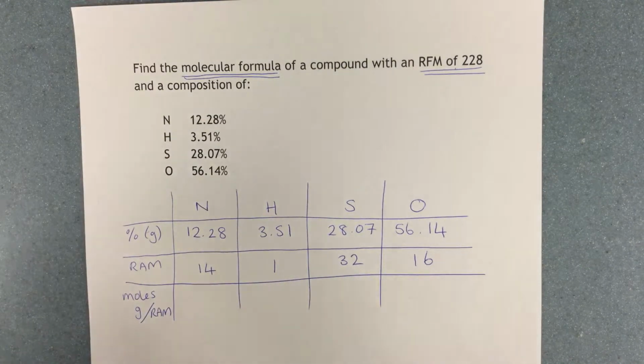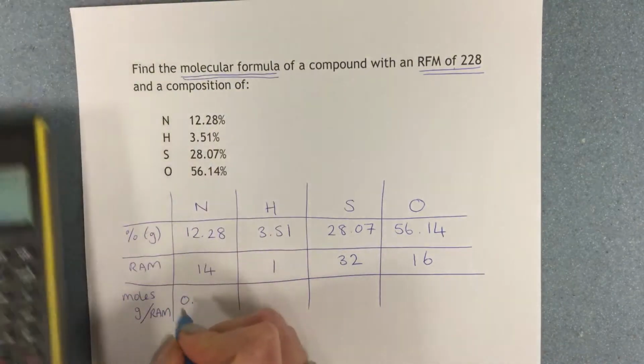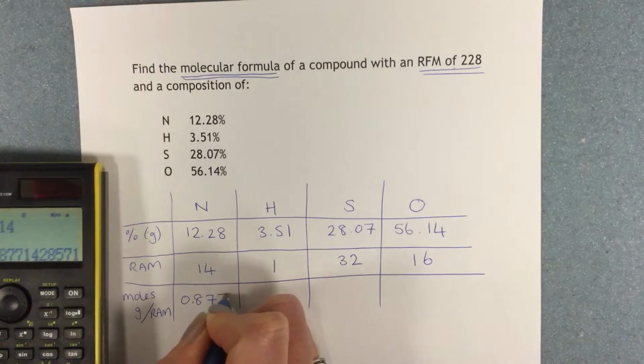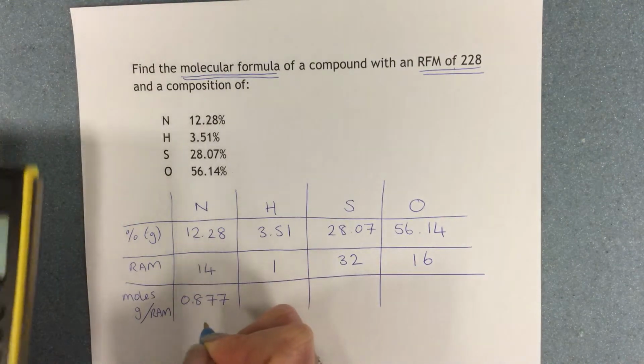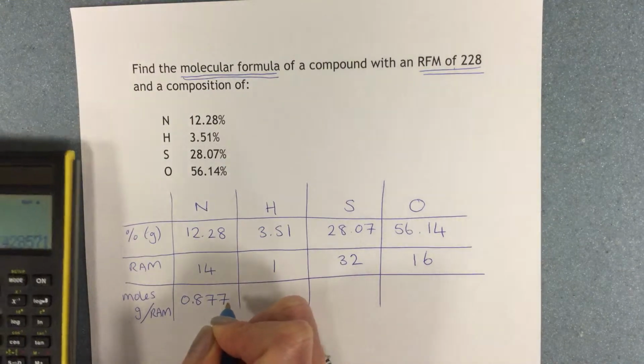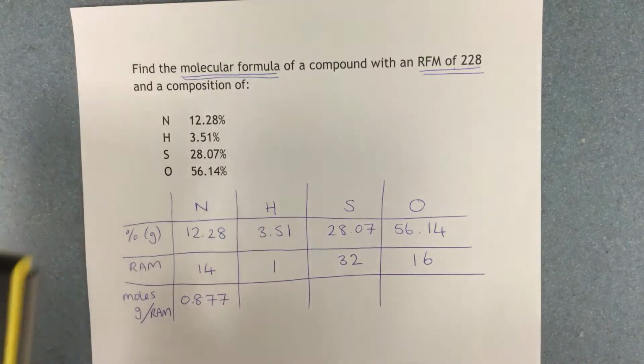There are possibly going to be some messy numbers, but let's see what we get. So 12.28 divided by 14 gets me 0.877. I'm going to do 3 decimal places there, just so I don't lose anything along the way. I don't want to round up too soon. At the same time, I don't really need 15 decimal places.